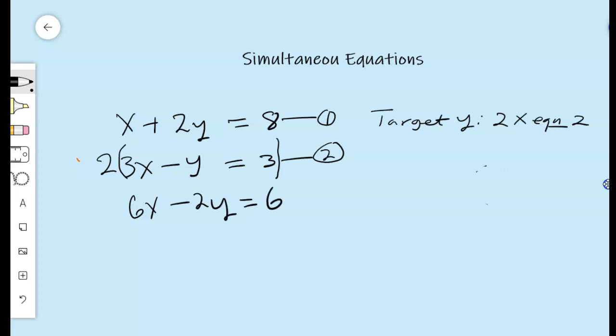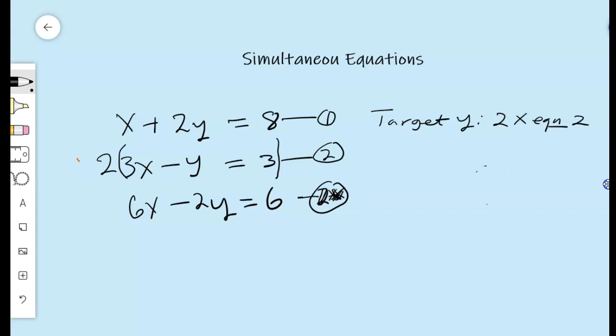Okay, so now we can call this, any confusion, 2 star, because it was 2, and then we made a little multiplication over there. Now we are going to add equation 1 and equation 2 star.